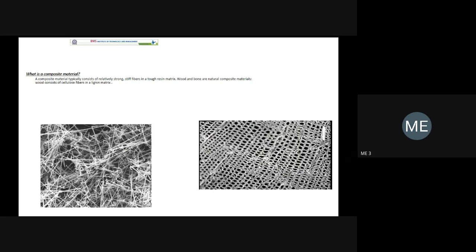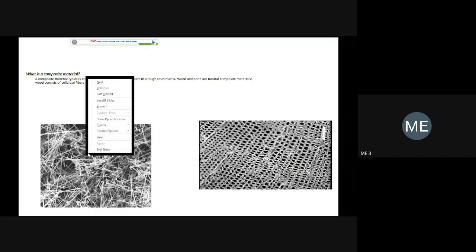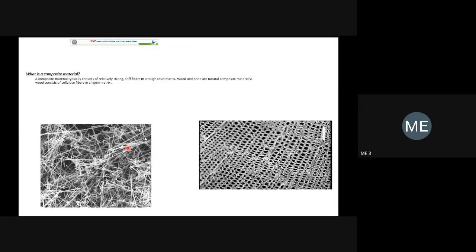So now these are the reinforcement. Especially in silicon carbide fibers, like the steel wires in a rubber tire. That is at the macroscopic level; you can see the steel wire.